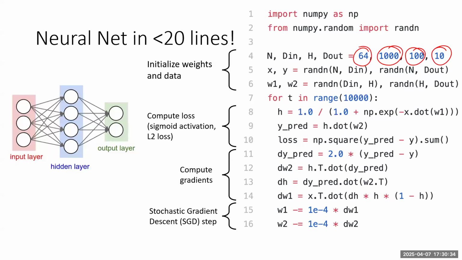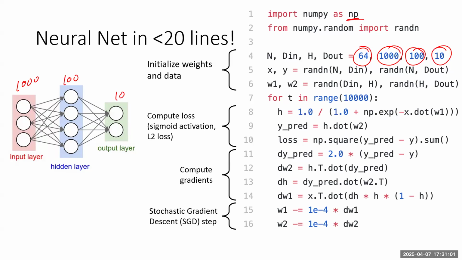Here we are using the NumPy library. Why NumPy? Because it handles the matrices. And what we are doing here, all the actions are matrix multiplication. So we need to handle this correctly.